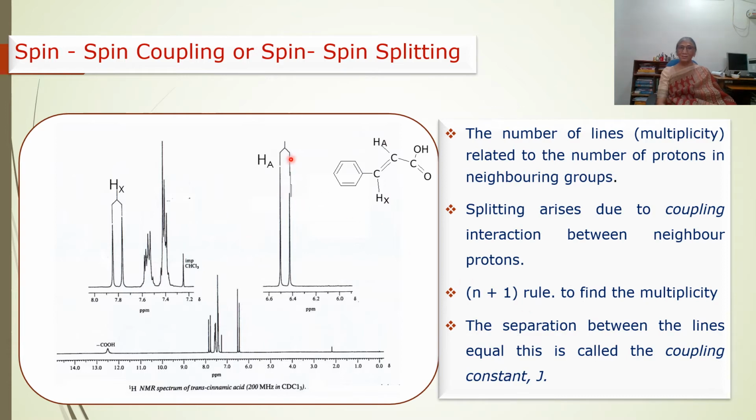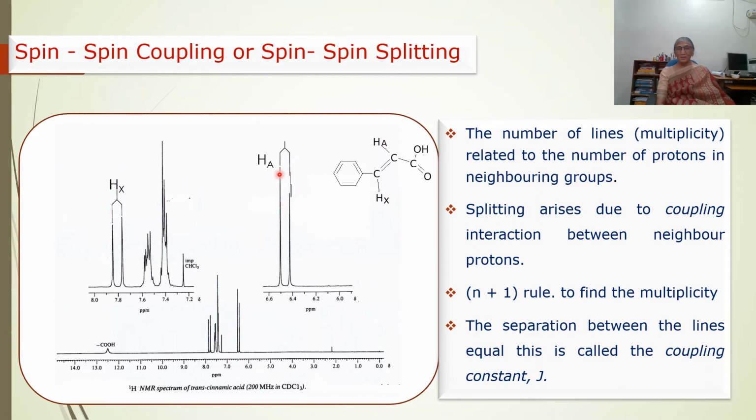That is, the signal of a particular proton will split up into different peaks, depending upon the number of protons present on the neighboring carbon atom. If the number of protons on the neighboring carbon atom is n, then the signal will split up into n plus 1 peaks. Now, the space between the peaks is known as the coupling constant J.